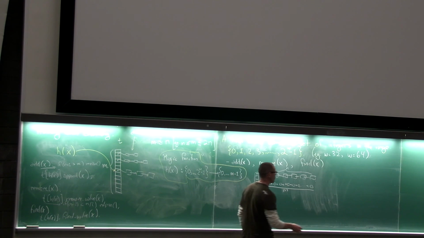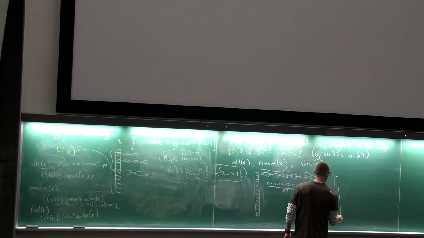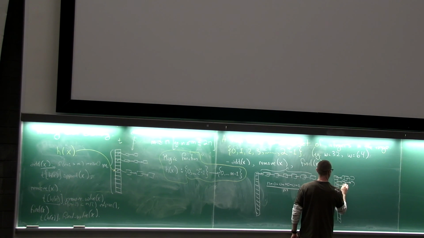The same thing is true if my hash table is somehow perfect, where everything contains exactly the same number of elements. All these are exactly the same.